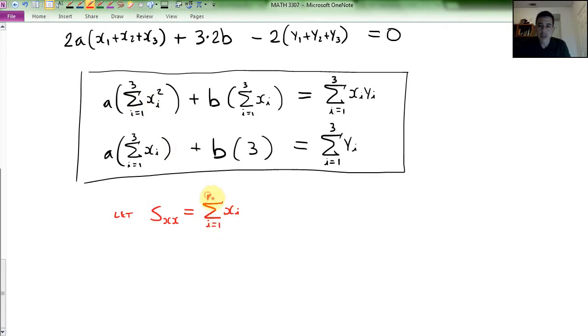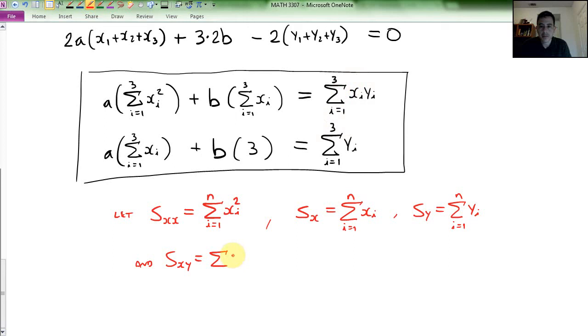And then you have sx, the summation of the x's from 1 to n, and the other is sy, the summation of the y's from 1 to n, and sxy for this term here, going from 1 to n.